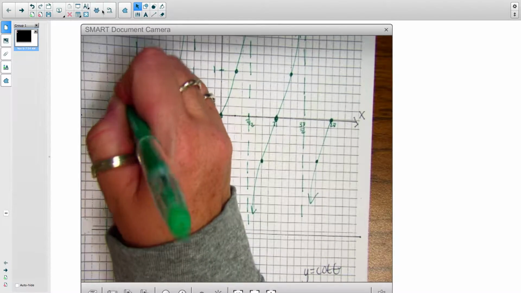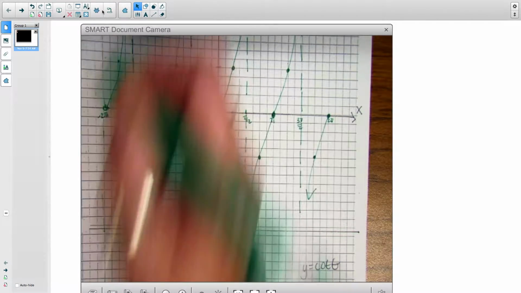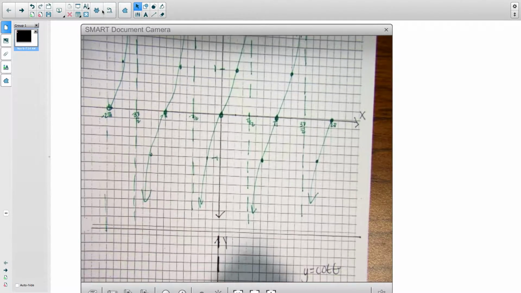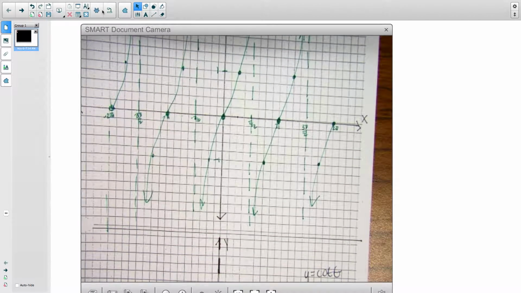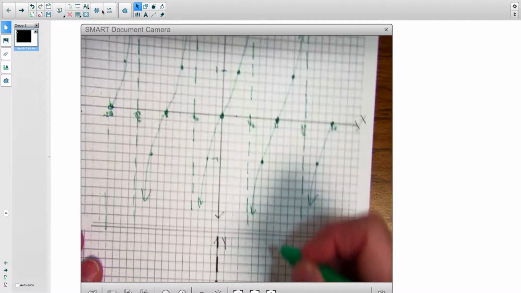This one will go here and here. Just a repeat. Where's cotangent undefined? Well, cotangent is undefined at 0, at pi, and at 2 pi.